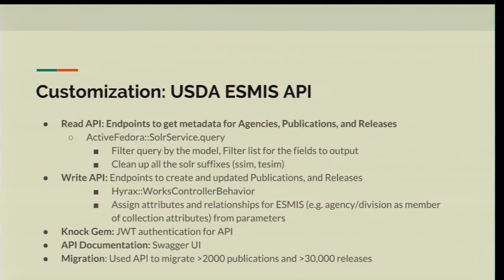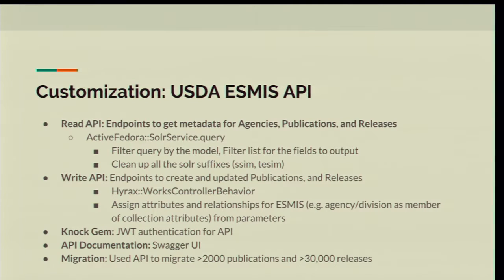The read API uses mostly the ActiveFedora Solr service query to get all these Solr hits, and we clean up some of the Solr output because our user base doesn't really understand all those things. So we get a cleaner output in the read API.